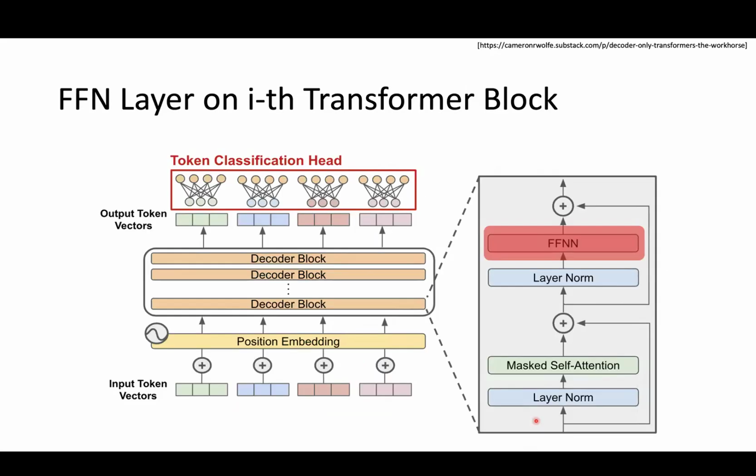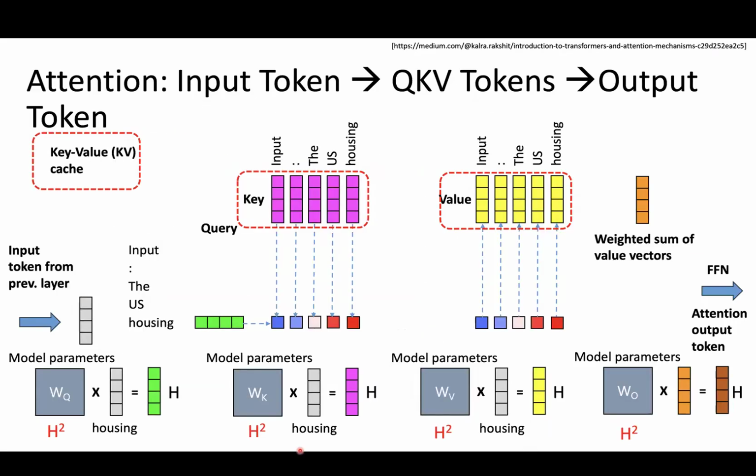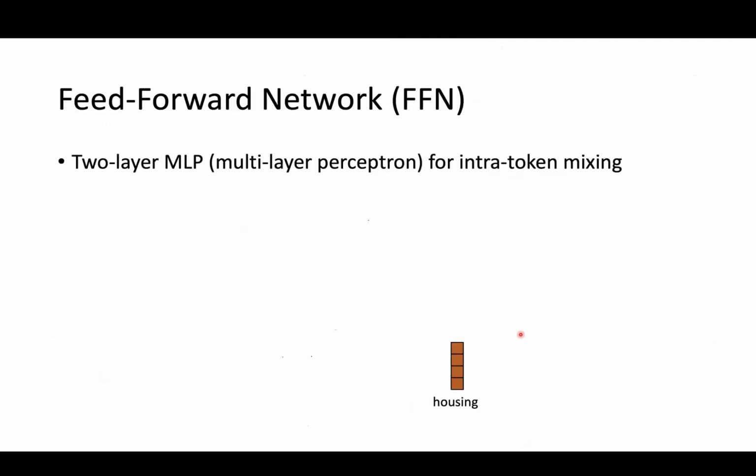In the case of attention, we do matrix-vector multiplication to obtain query, key, and value vectors. And then the attention operation consists of a matrix-vector multiplication and another matrix-vector multiplication. So matrix-vector multiplication is the primitive operation in large language model execution.